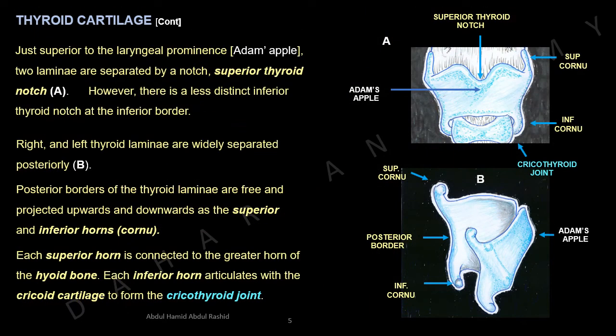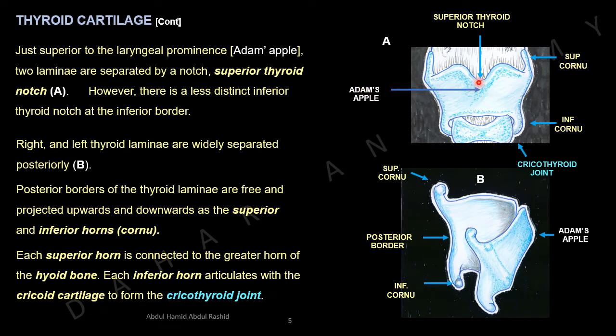Thyroid cartilage continuation. We have another two diagrams here. Diagram A is the anterior view of the thyroid cartilage, and diagram B is the right posterolateral view. In diagram A, we are looking from in front. This is the laryngeal prominence or Adam's apple.